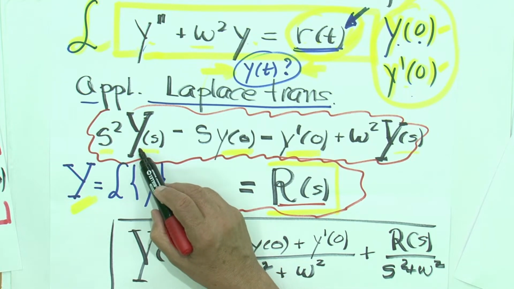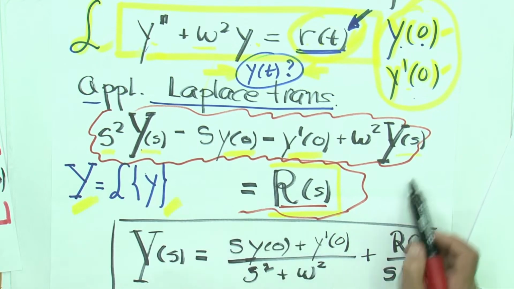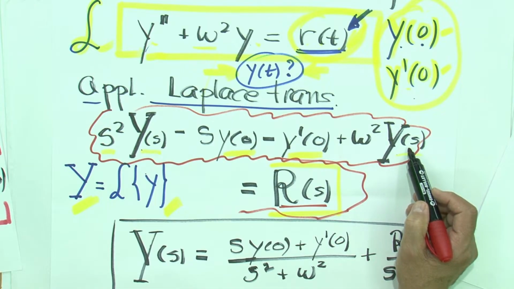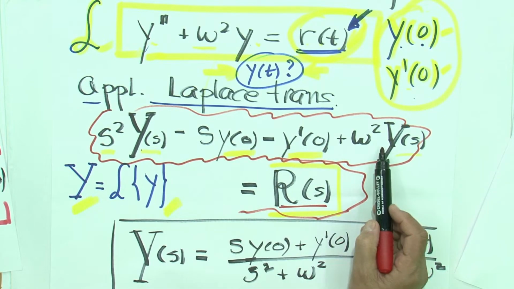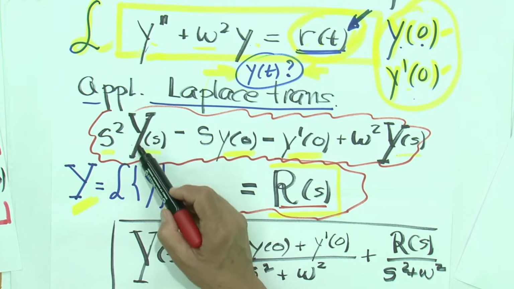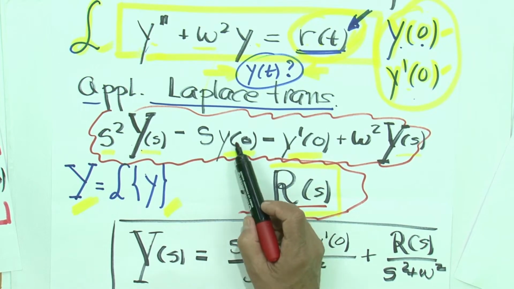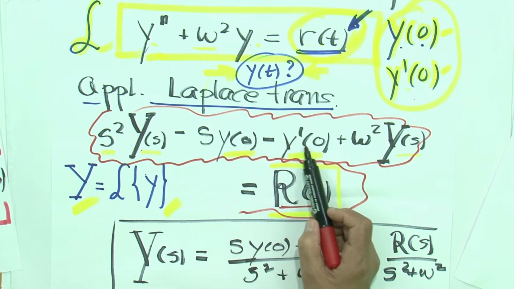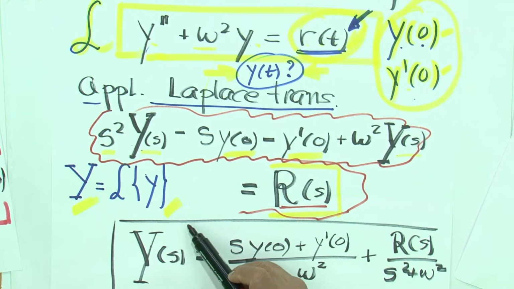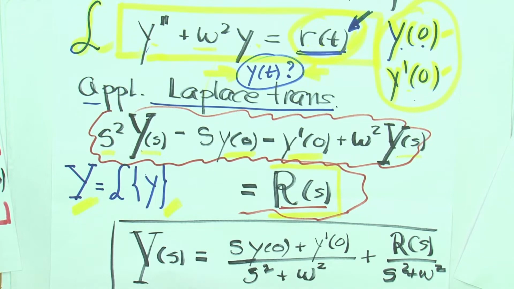But it appears here and here, so I can solve this algebraic equation for capital Y. If I do that, of course, I'm going to take s squared plus omega squared on one side times capital Y, and this is equal to s times y of 0 plus y prime of 0, plus R of s.